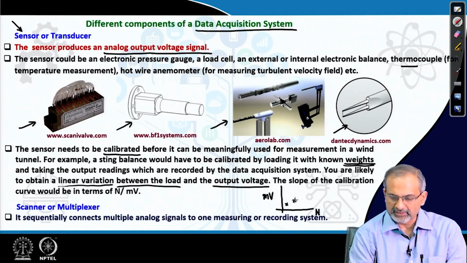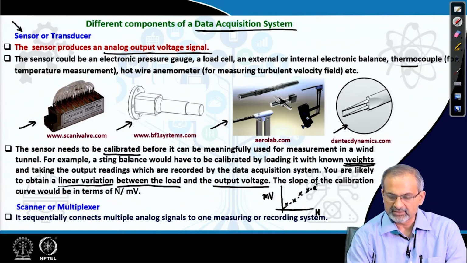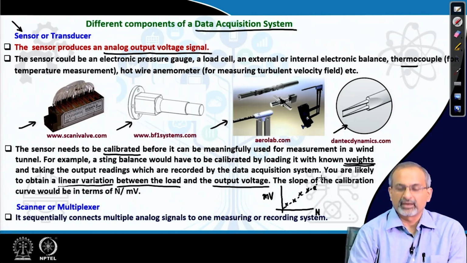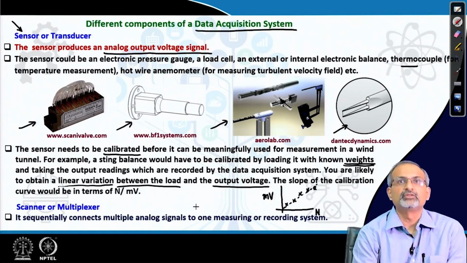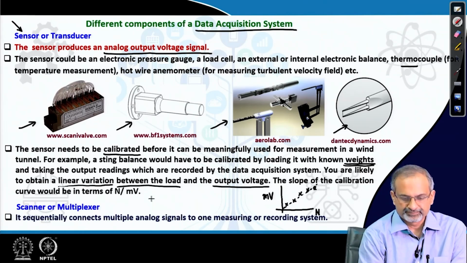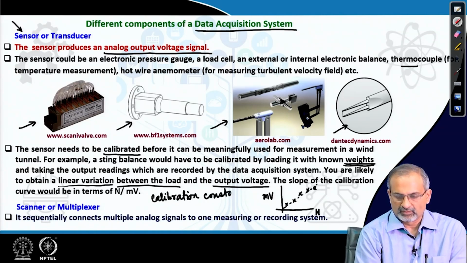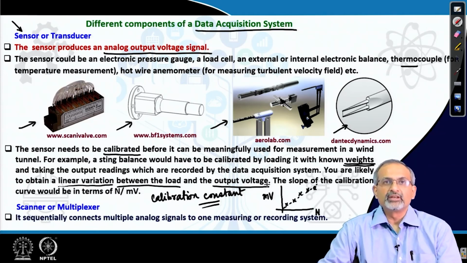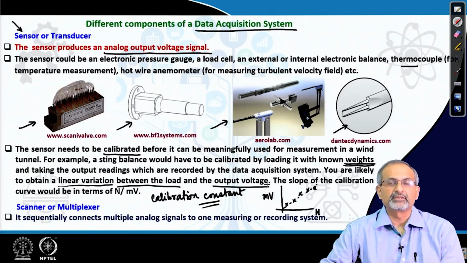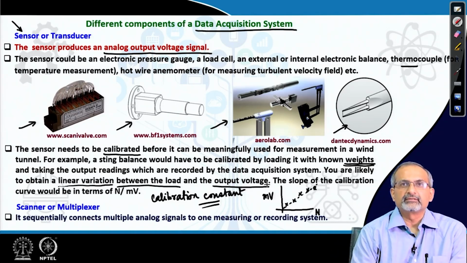You may have data points like this over a range of loading, and then you would like to have a best fit going through those points, and the slope of that curve would give you so many newtons per millivolt kind of information, which is basically the calibration constant. So, with this information you should be able to convert, for example, a certain output voltage into a corresponding load. That is the function of this calibration process. So, the sensor needs to be calibrated before it is used.